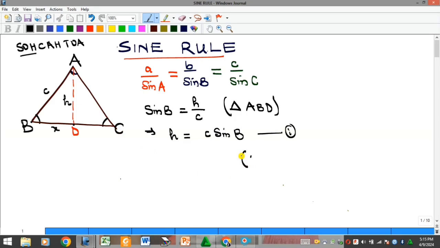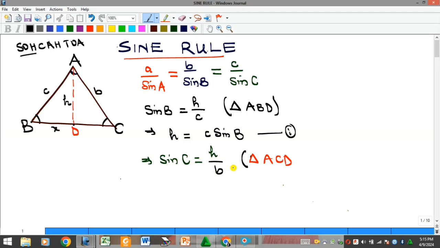Clearly you are going to see that the sine of C will be equal to the opposite, which is still h, all over the hypotenuse, in this case the facing side, which is b.